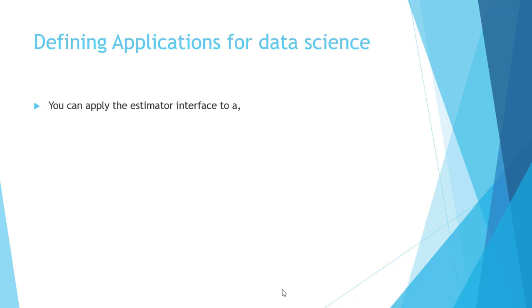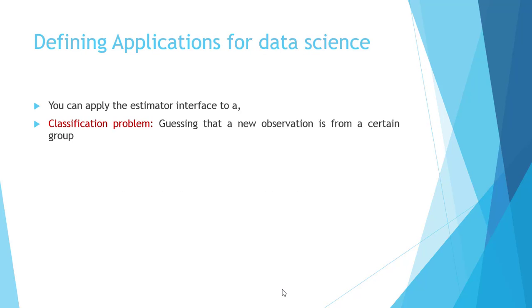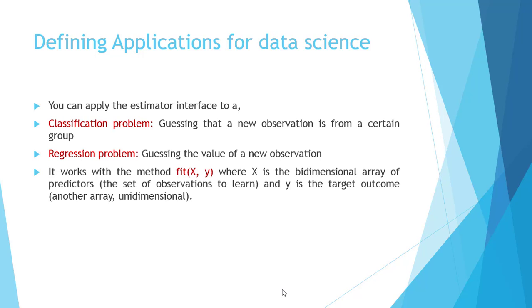Now, defining the application for data science. So, we can apply the estimator interface to a classification problem or regression problem. Classification means guessing that a new observation is from a certain group, and regression problem involves guessing the value of a new observation.